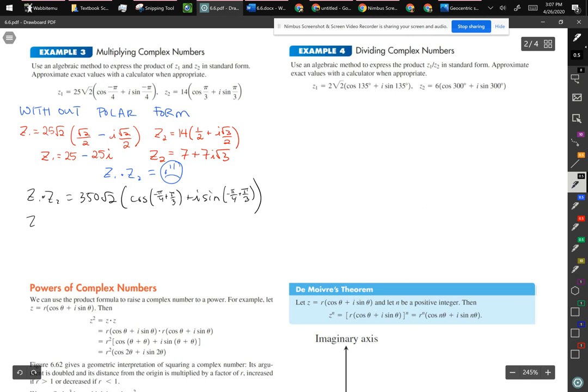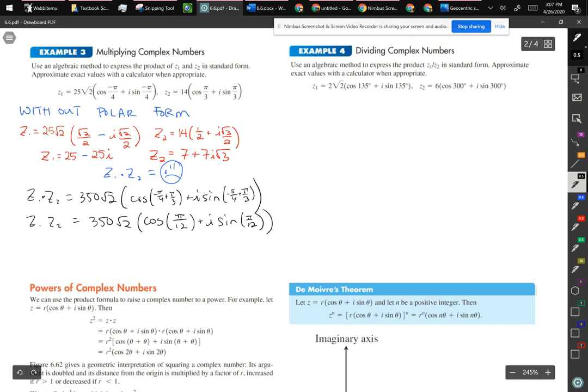Pi over 4 and pi over 3, if you get the same denominator, it's going to be over 12. Multiply top and bottom by 3 and top and bottom by 4, you're going to end up with a pi as your numerator, plus i sine pi over 12, and that's it.